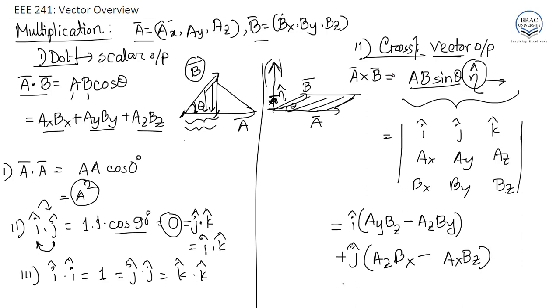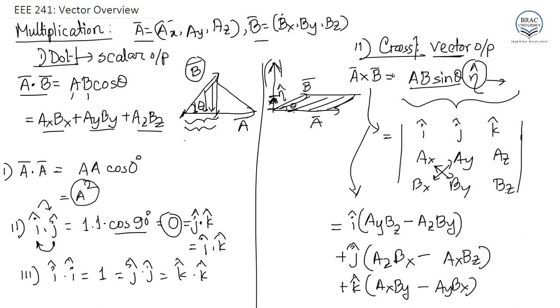And if we are to get the k component, we will simply multiply ax by, these two, and subtract ay bx. So this is the formula to get the resultant vector directly. So you'll have to keep in mind this formula and how to break them down.